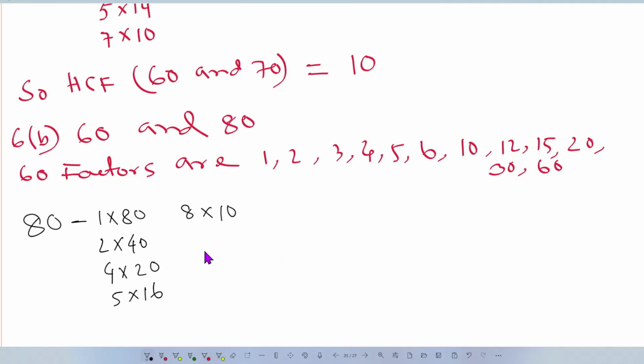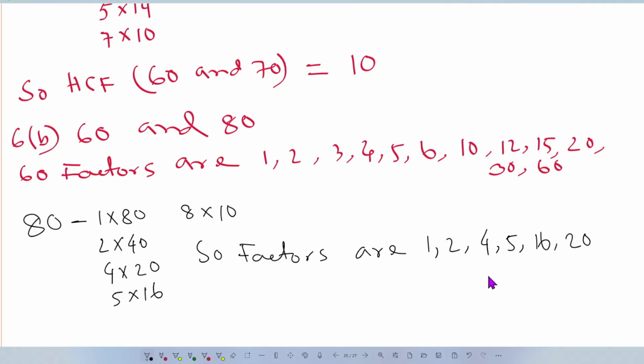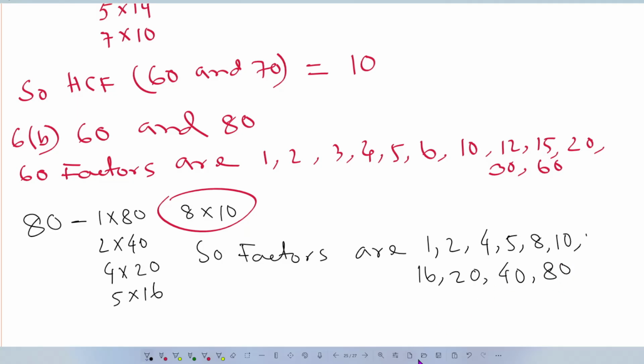So factors are 1, 2, 4, 5, oh sorry, also 8 and 10. This one I missed. So 1, 2, 4, 5, 8, 10, then 16, 20, 40, 80.